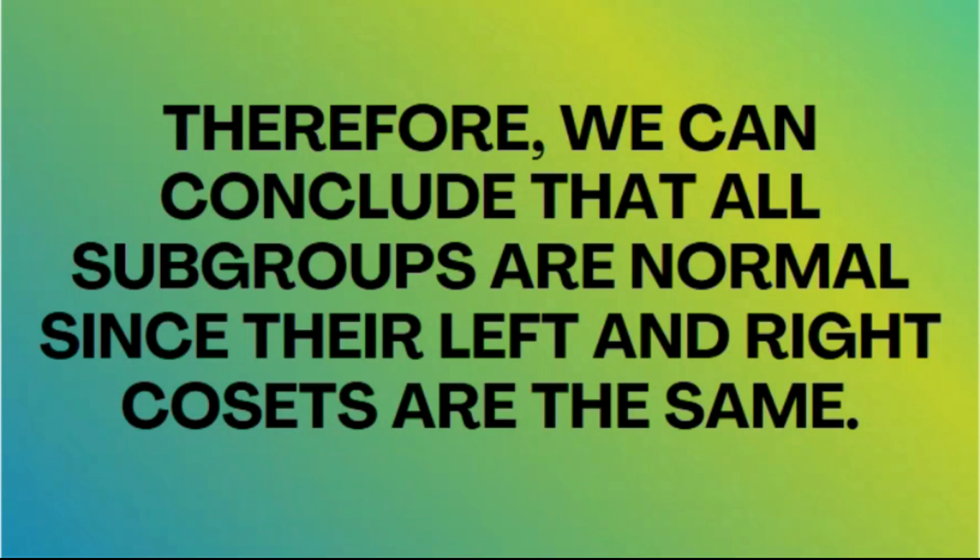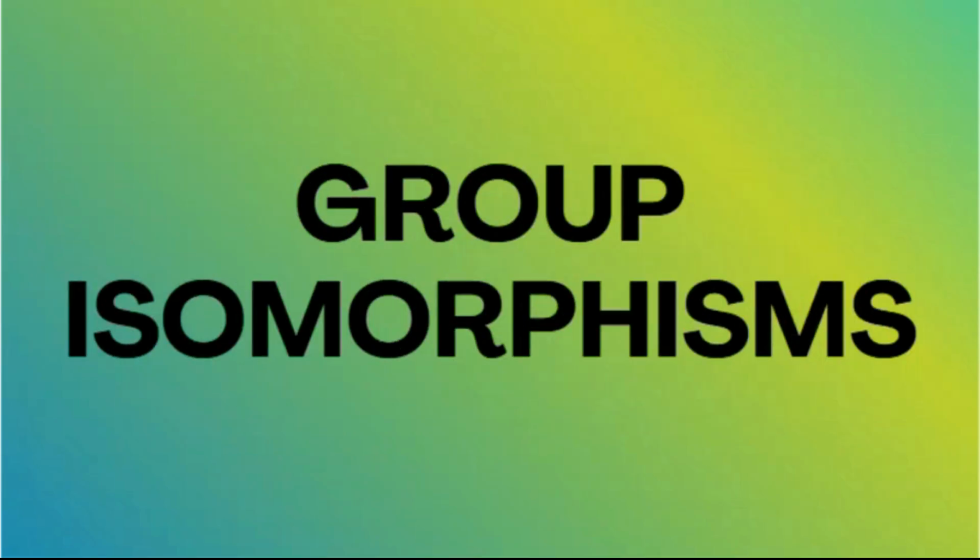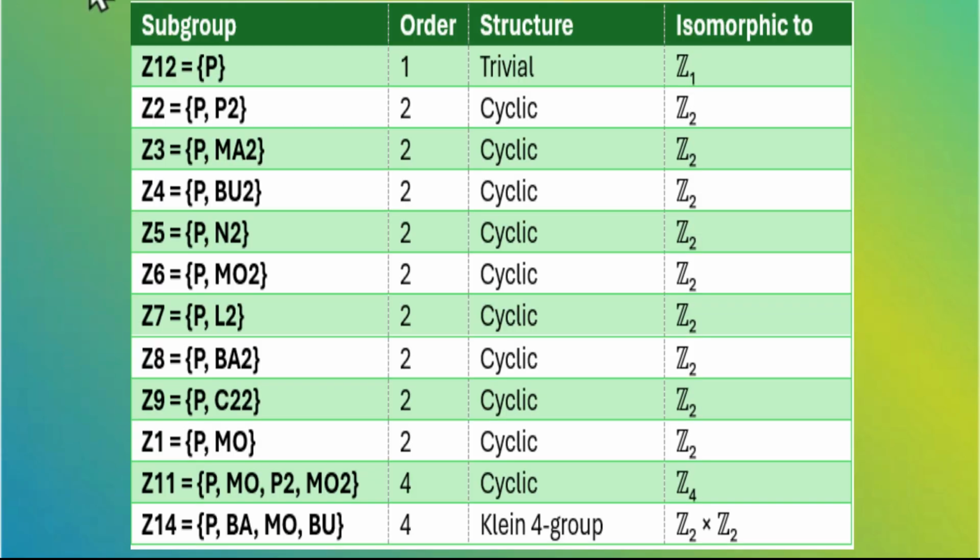Okay, so now let's proceed to our group isomorphism. I just wrote here the summary of the group isomorphism. So here is the table. I have here the subgroup and then the order and then the structure. And then whether it's isomorphic to integers modulo 1, integers modulo 2, modulo 4, and so on.